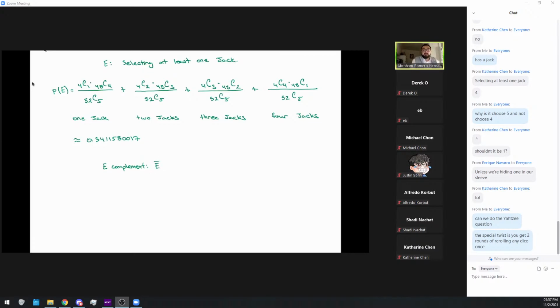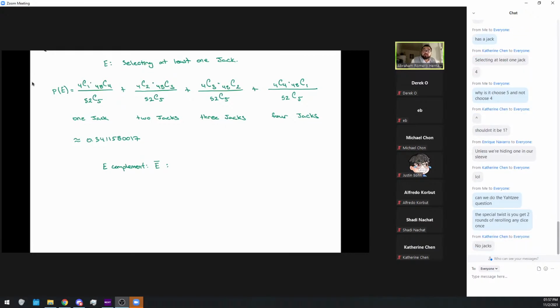So we could look at the complement instead. So what would be the complement of at least one jack? In other words, what is the negation of that? What is the negation of at least one jack? No jacks, exactly. Selecting no jacks.